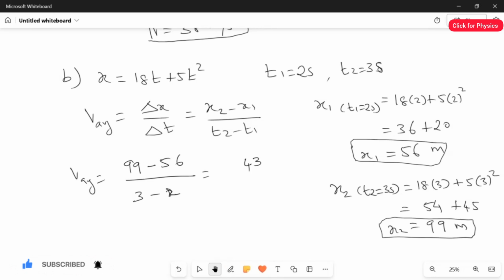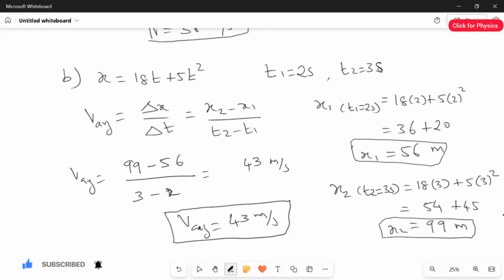And what's the unit for this? The unit is meter per second. So v average is equal to 43 meter per second. This is the answer for the second part of this question.